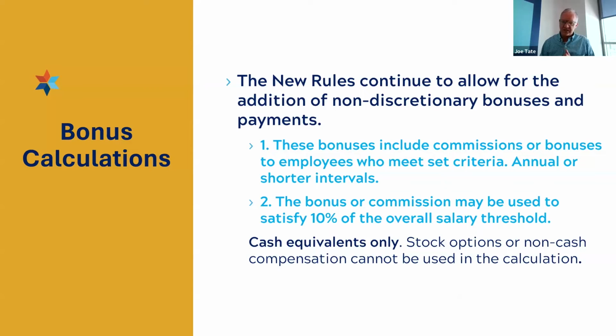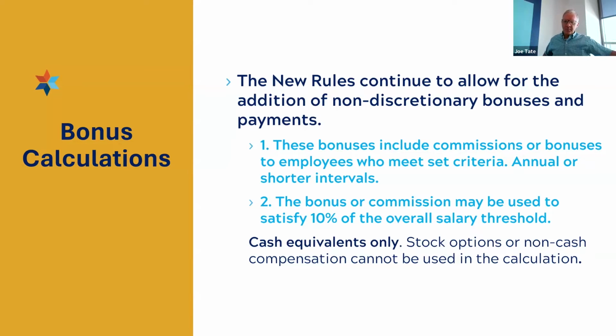These bonuses can include commissions or bonuses where the employee meets set criteria. It's not just a freebie holiday bonus that they would get. It can occur annually or at shorter intervals, but it has to be assessed and set at a criteria that the employee has to reach.